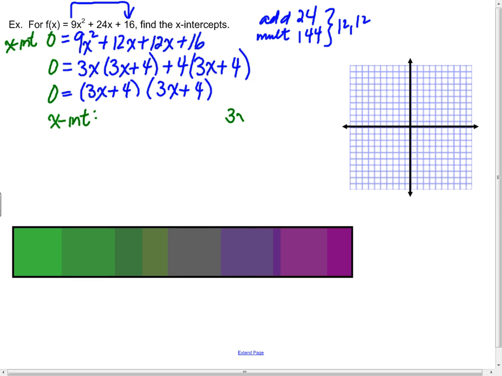I'm going to solve as if one of the brackets were equal to 0 or the other bracket were equal to 0. They happen to be identical. So I'm going to subtract 4 from both sides and divide by 3, and I have an answer of x equals minus 4/3. That is my x-intercept. I'm going to write it as a point.